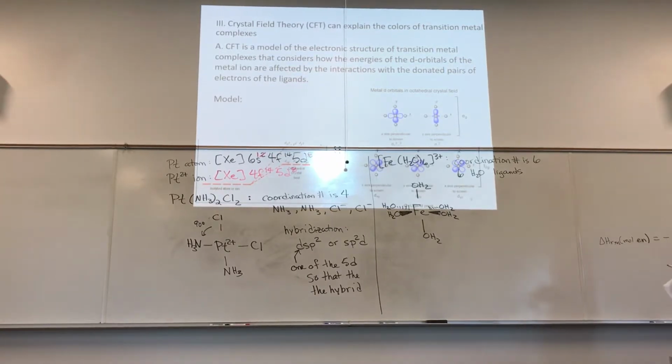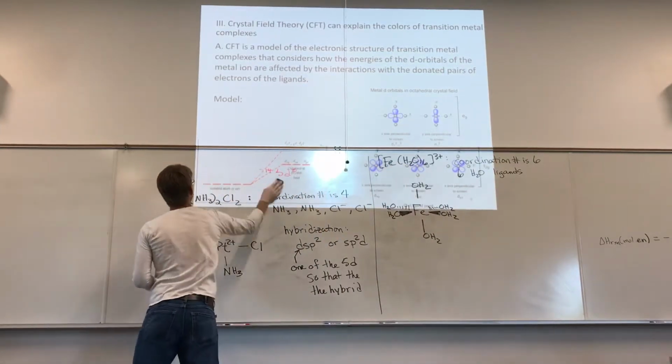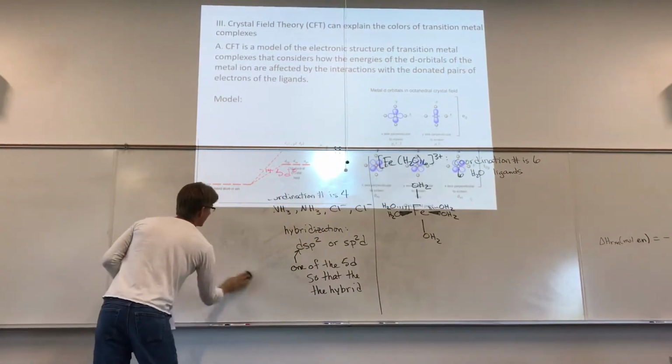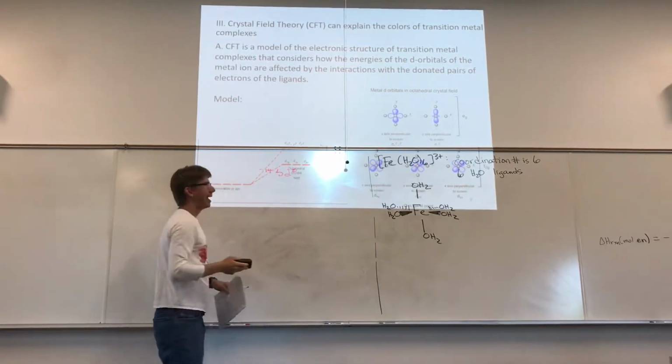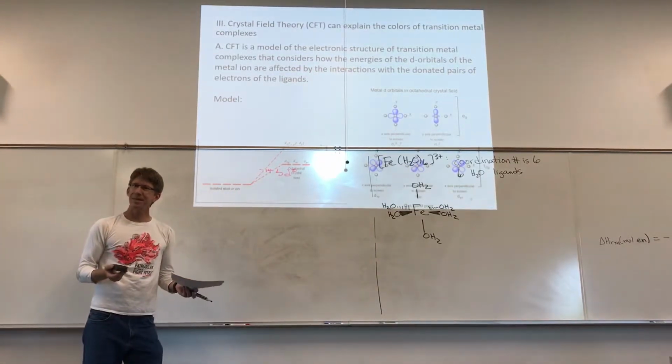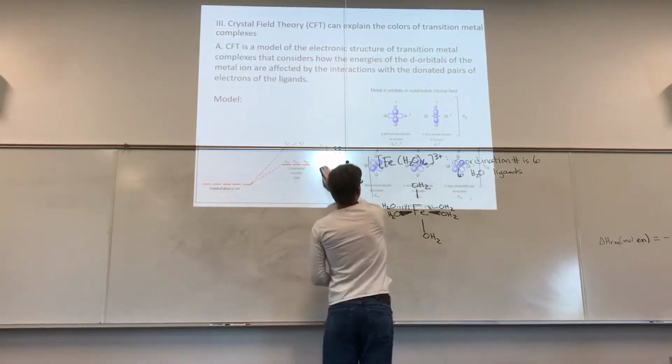Crystal field theory is a model of the electronic structure of transition metal complexes that considers how the energies of the d orbitals of the metal ion are affected by the interactions with the donated pairs of electrons of the ligands. And hopefully, in a lecture or 2, it will sound less complicated than that.